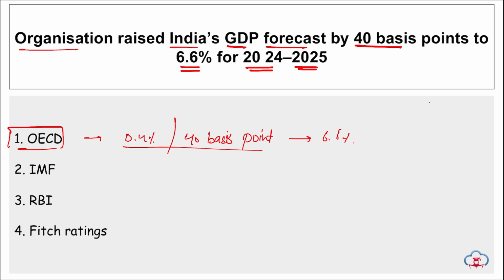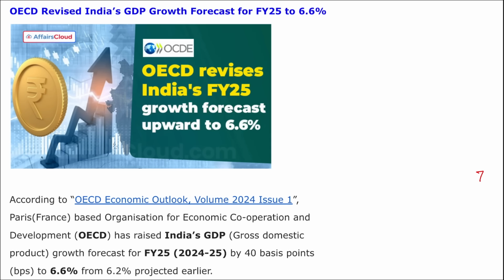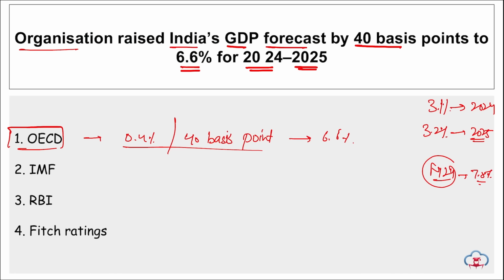If we talk about global GDP, it is expected to grow by 3.1% in 2024 and by 3.2% in 2025. Then for fiscal year 24, India's GDP is projected at 7.8%, and for fiscal year 25 around 6.5% and 6.6%, even 7% by various organizations.